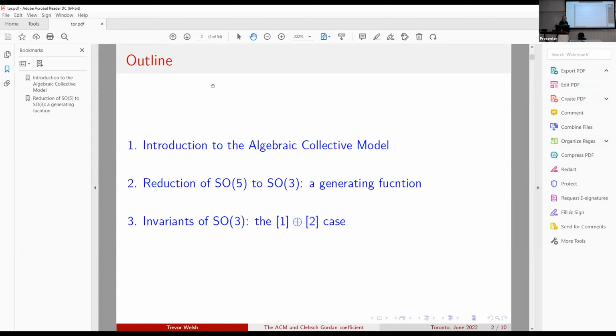Okay, so first I'm going to introduce the algebraic collective model. This will be a very basic introduction for new physics-oriented people. After that, I'm going to switch into my mathematical mode. I'll discuss reducing representations of SO5 down to SO3 and deriving a generating function.